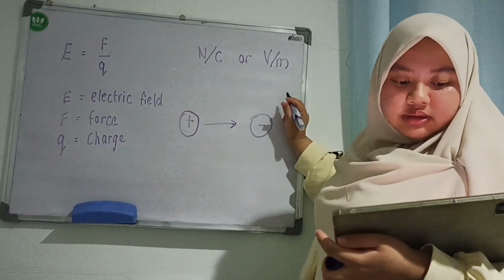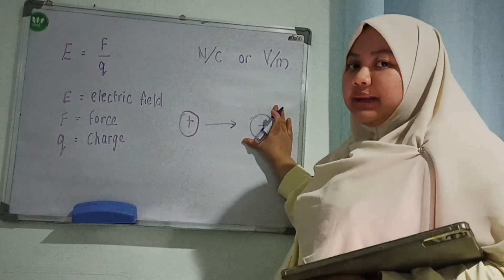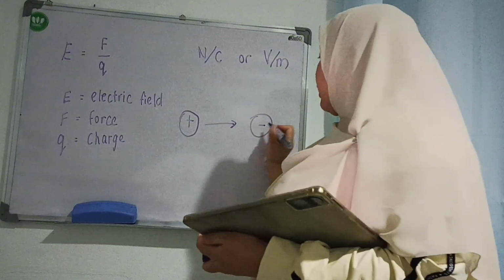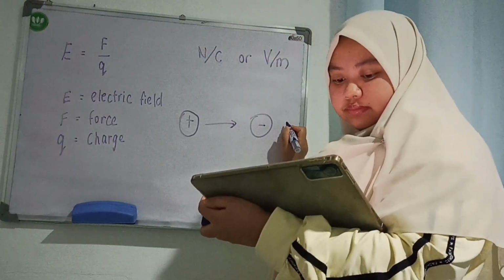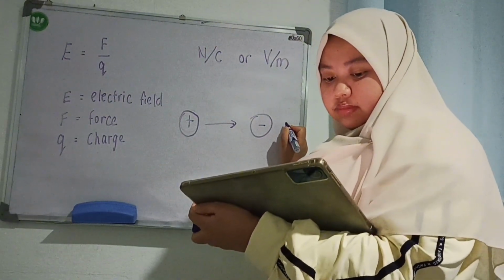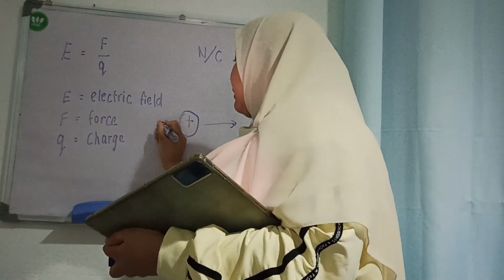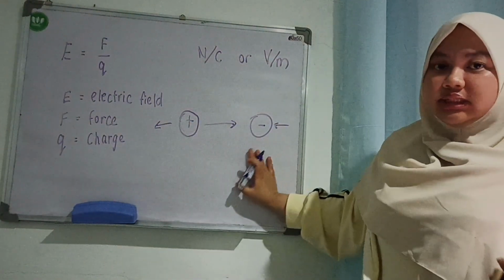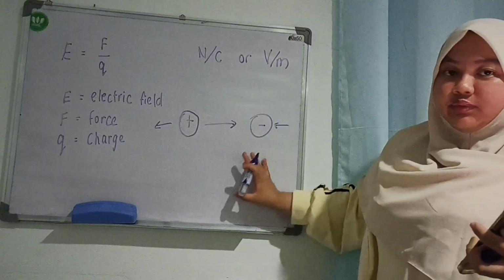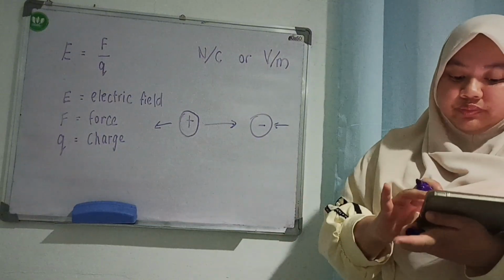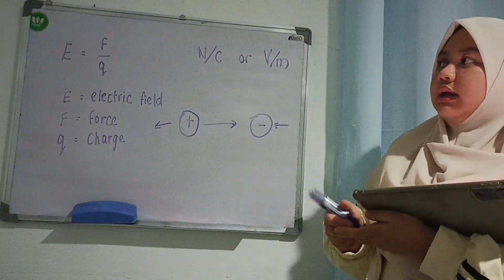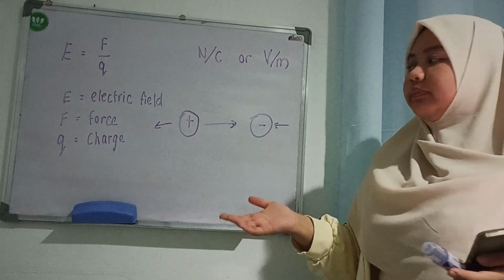But for the negative charge, it will move the other way, away from the negative plate. This is a quick diagram. That is a quick example.